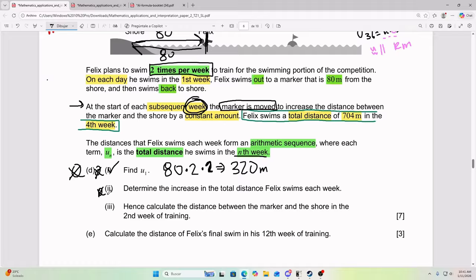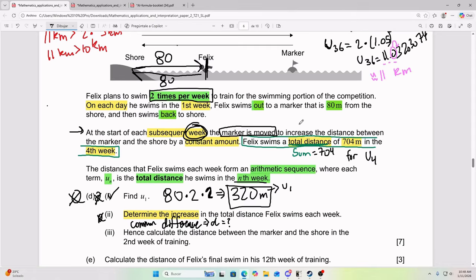Part DII, we have to determine the increase in the total distance Felix swims each week. And so basically, when it says determine the increase, it's asking you to determine the common, what we call, difference. Now, how do you discover the common difference here?